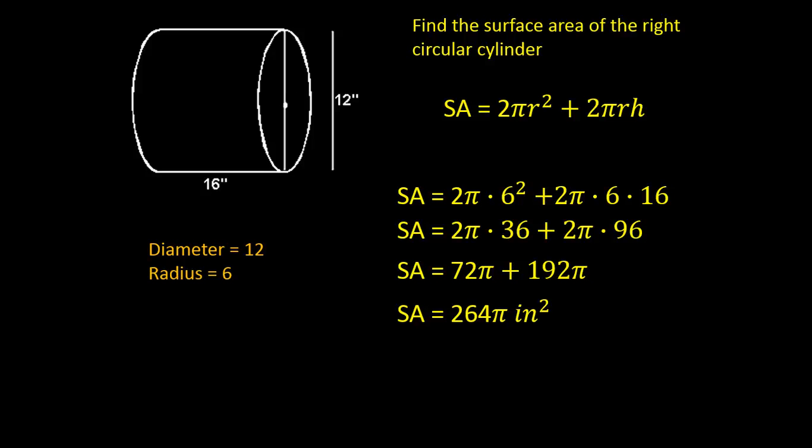Now, just as before when we were working with area, we could substitute 3.14 for pi to get a decimal approximation for the area in terms of a rounded value for pi. But if we want the exact value, we would leave it as 264 pi square inches.